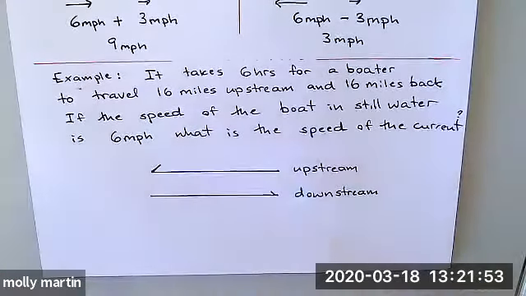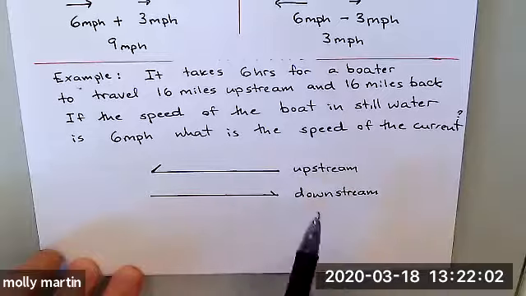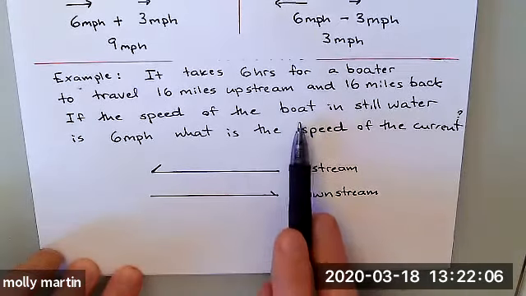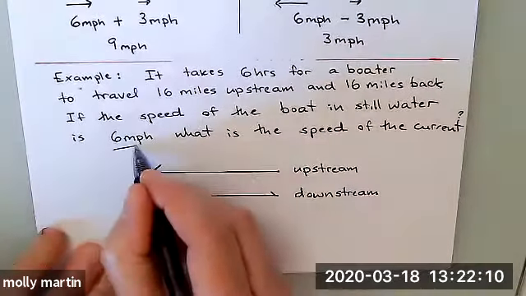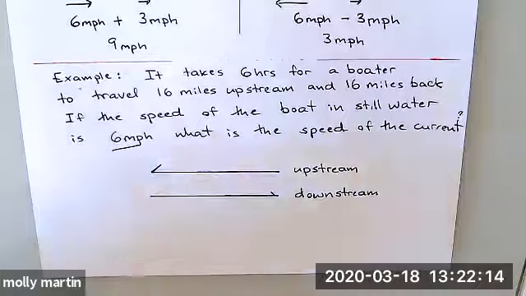Example, it takes 6 hours for a boater to travel 16 miles upstream and 16 miles back. If the speed of the boat in still water is 6 miles per hour, what is the speed of the current?